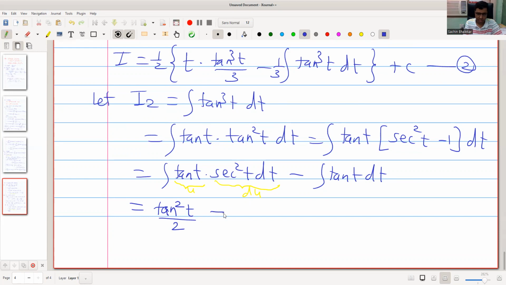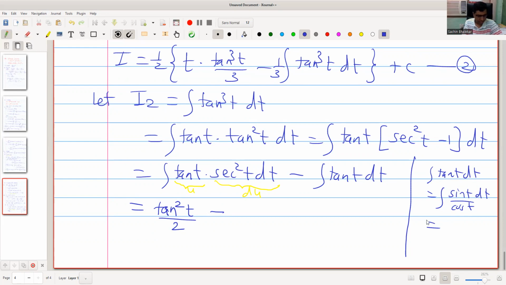Minus integral tan t. Tan is nothing but sin t upon cos t, so we write v equal to cos t, so that minus sin t dt is dv.